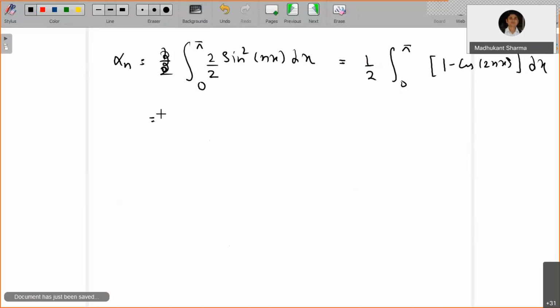Now you can see the integration of cos is again sine, and sin pi is 0, sin 0 is 0, so everything will be turned off, so it is pi by 2.